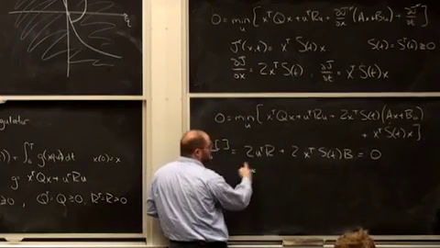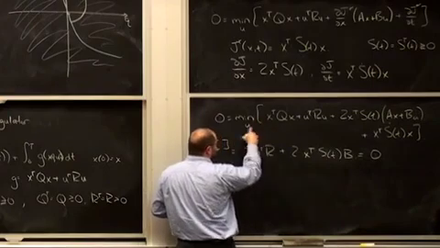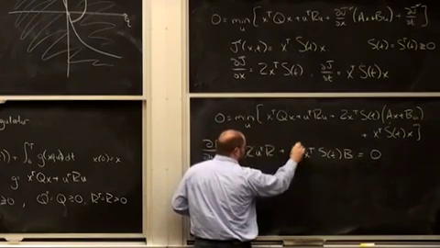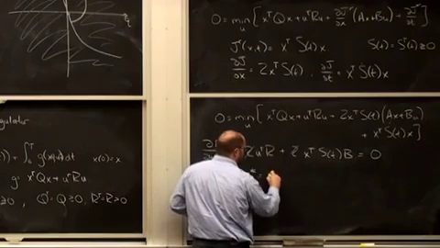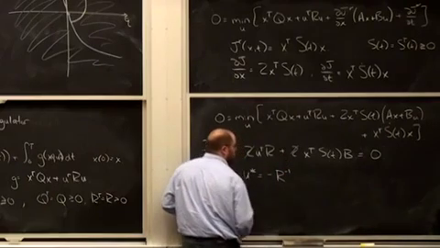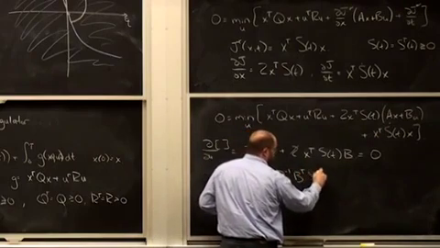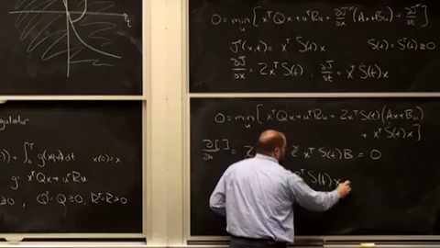So u star, the u that makes this gradient 0, is going to be, those 2's cancel, negative R inverse B transpose S transpose x.